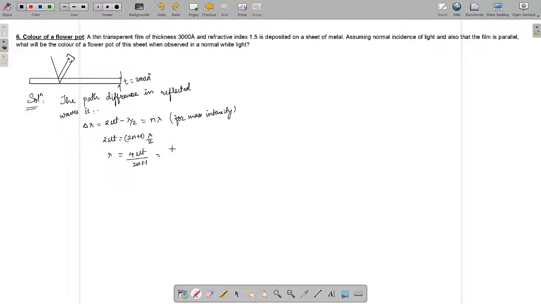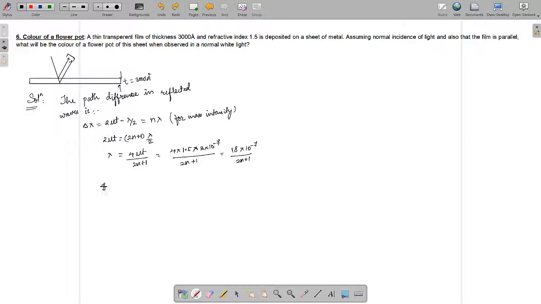Now, using the values that are given to us, 4 into mu, which is 1.5, into thickness, which is 3000 angstroms, that is 3 into 10 to the power minus 7 meters, upon (2n plus 1), comes out to be 18 into 10 to the power minus 7 upon (2n plus 1). Now, depending upon the values of n, the value of lambda will change.